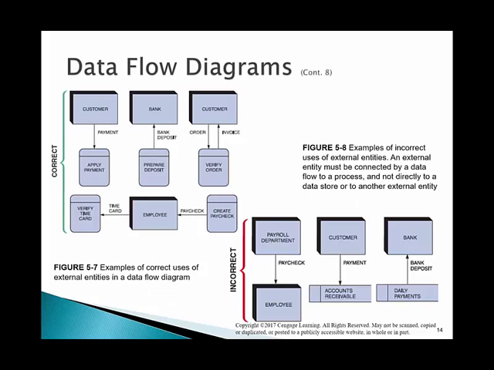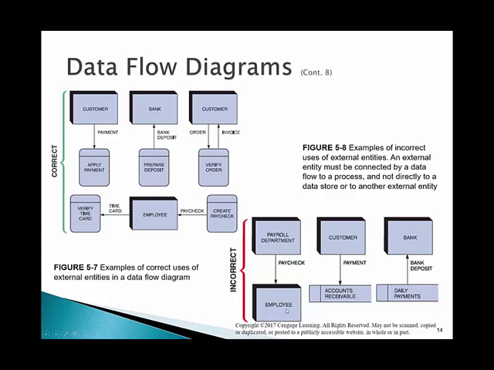Again, the diagrams. Hope you can see the customer applying the payment. Now look over here at the incorrect one, payroll department paycheck to the employee. Well, why would that be incorrect? Let's pause here and park here for just a minute. Because the payroll department would not go through a process.